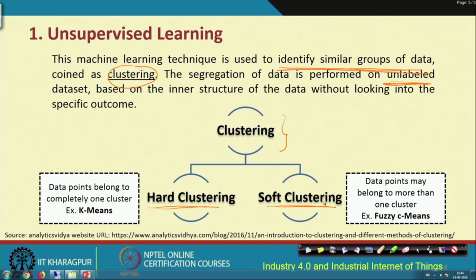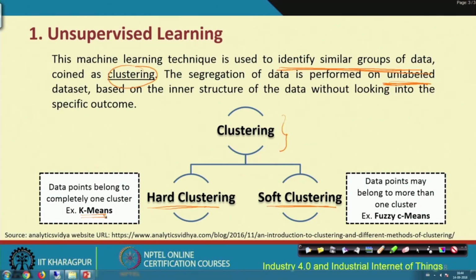Hard clustering, basically what it does is it clusters into different distinct groups. Soft clustering, on the other hand, may have overlaps of clusters. Certain points may belong to 2 or more clusters together, whereas that cannot happen in hard clustering. Popular algorithms such as the k-means is a hard clustering algorithm, where the data points will belong to one cluster completely or another.